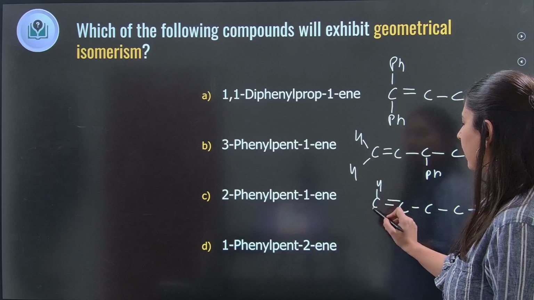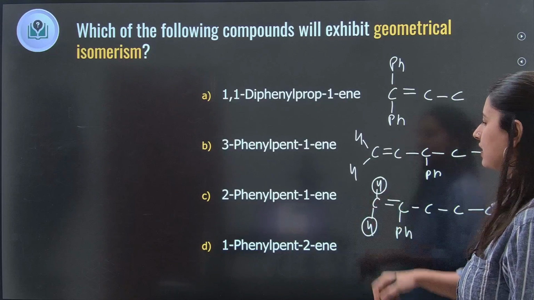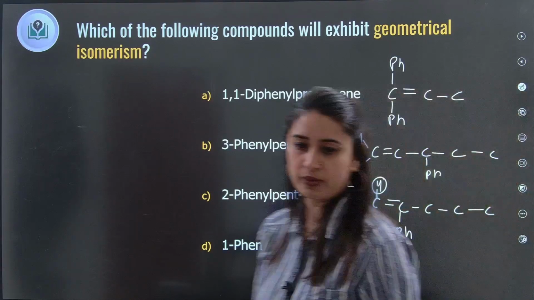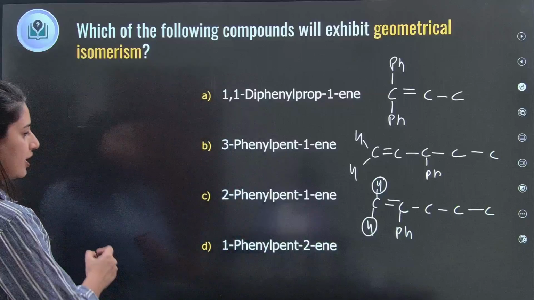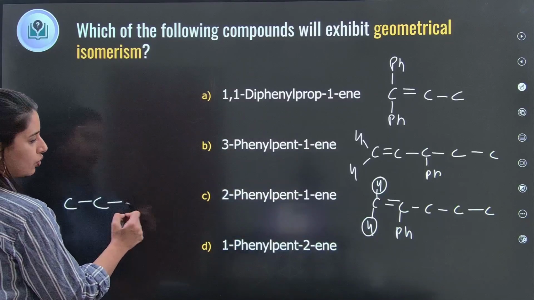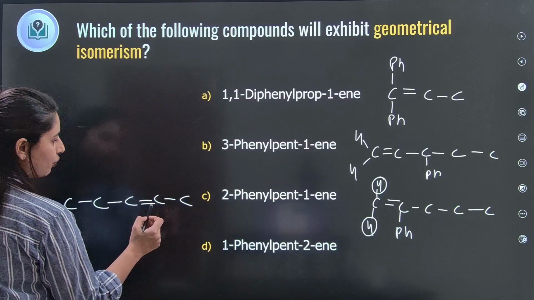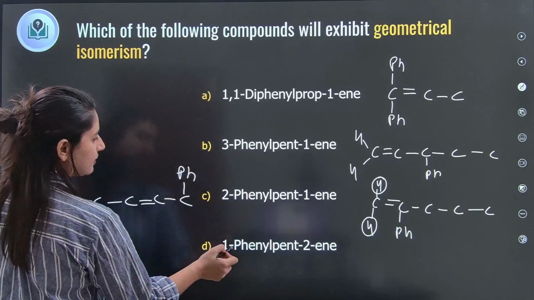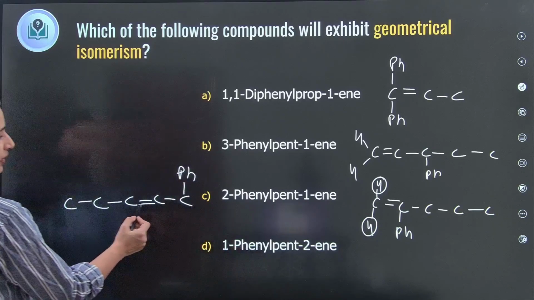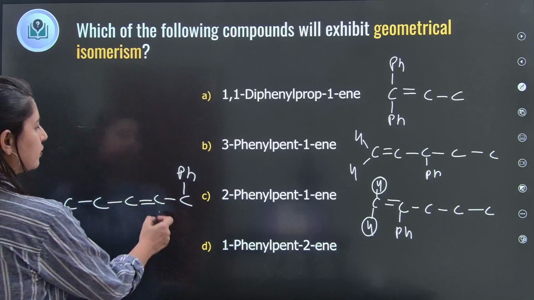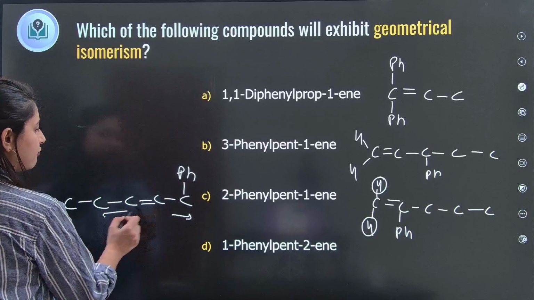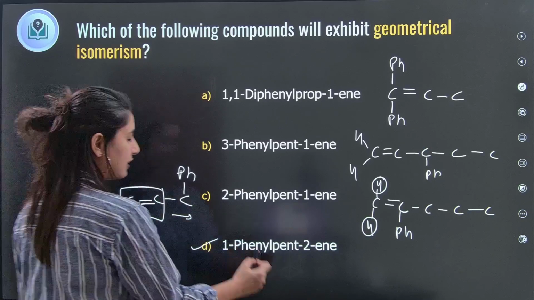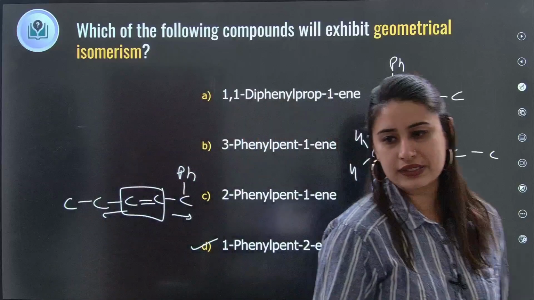No, it will not. At least these hydrogens are same. So even C cannot be your answer. What about D? 1-phenyl pent-2-ene. The moment you have a pent-2-ene, I think that can actually solve our purpose. 1-phenyl pent-2-ene. Of course, different groups on right and left. Doubly bonded system. D is indeed the right answer.